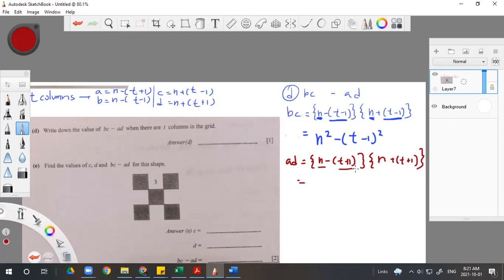So again, this is A minus B, A plus B, so A square minus B square. Right? So BC minus AD, just subtract. Easier to look at now.